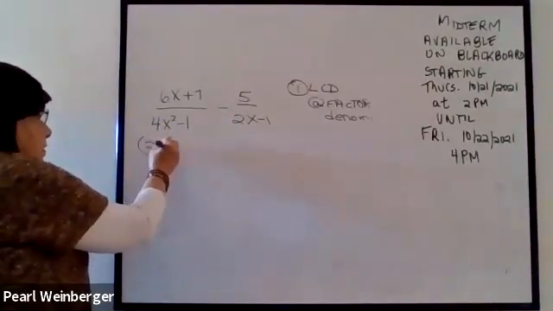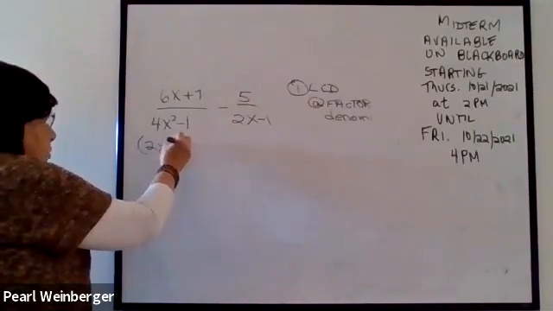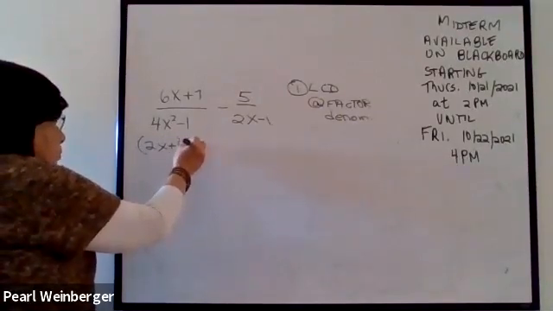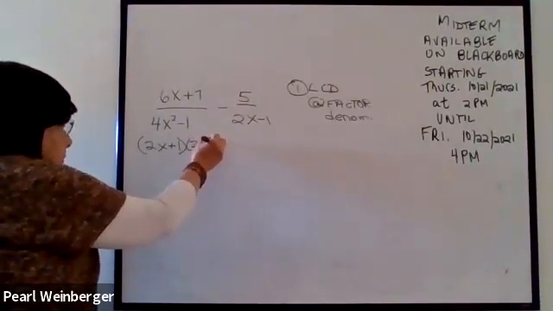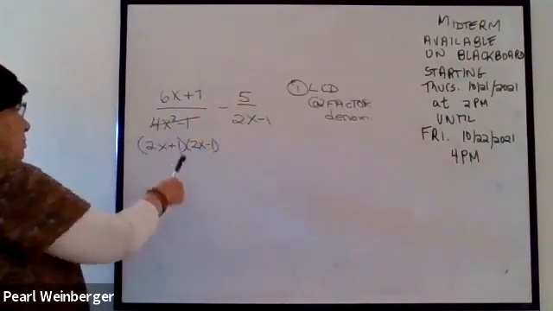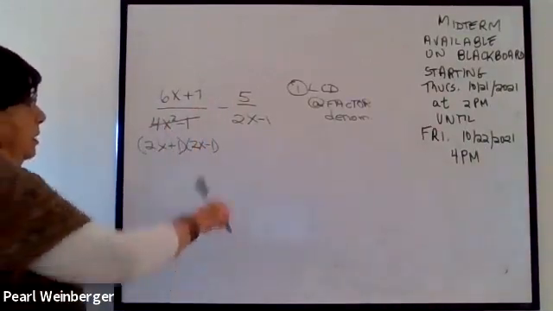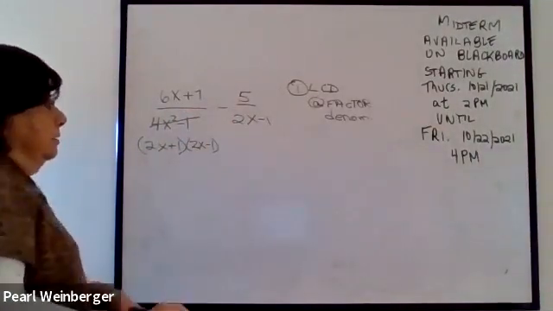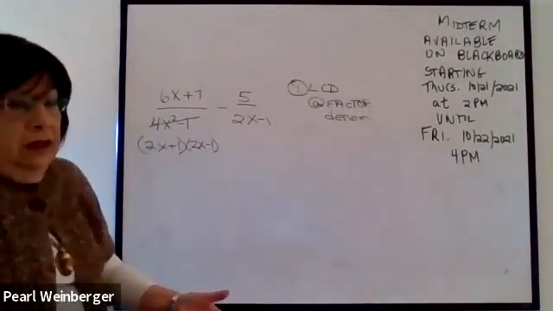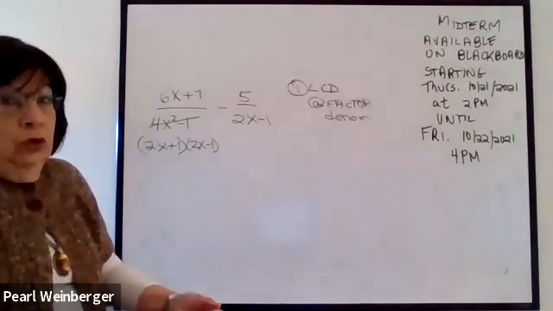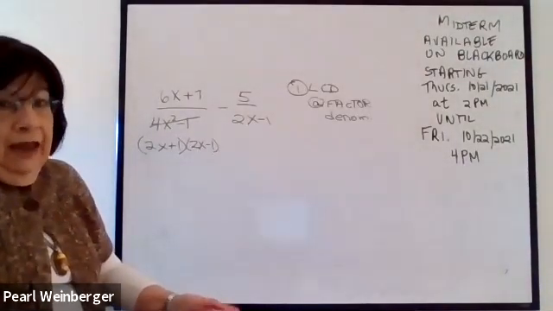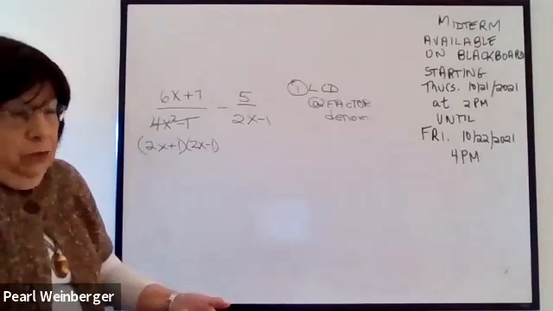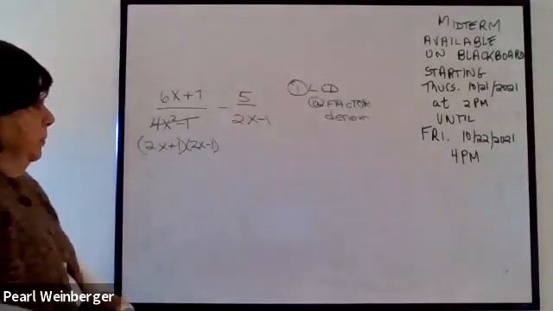In other words, this is 2x plus 1 times 2x minus 1. And putting a line through this so I know this is what I'm working with. My next denominator is 2x minus 1. There's nothing that I can do with that. It's in its most factored form.